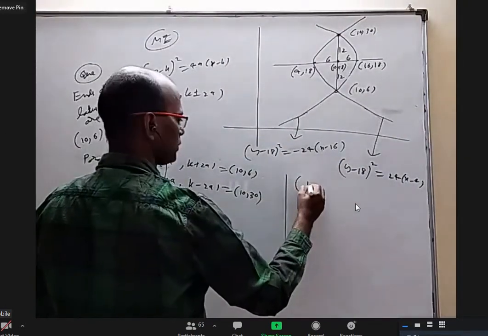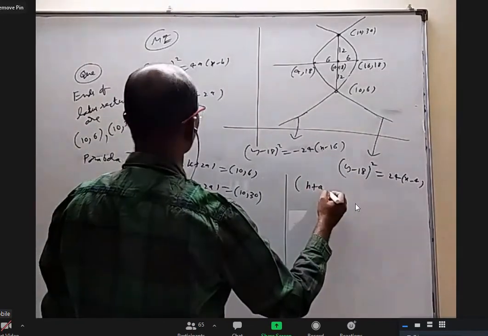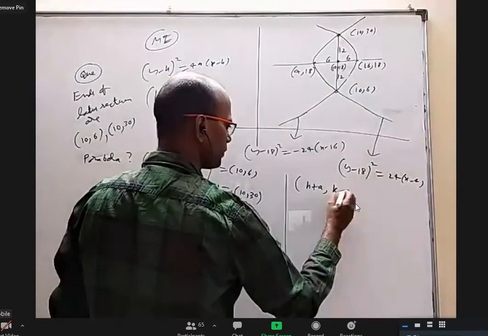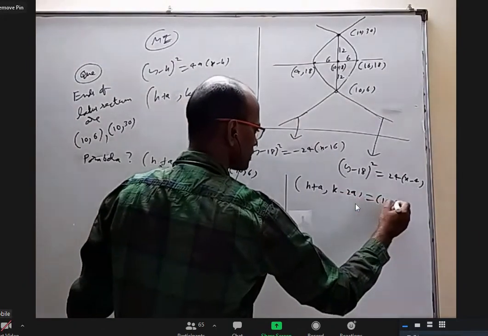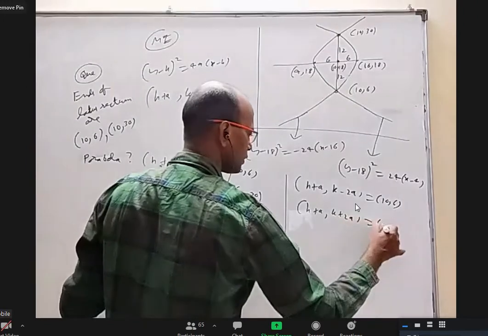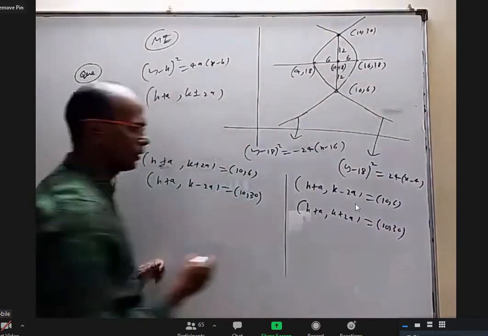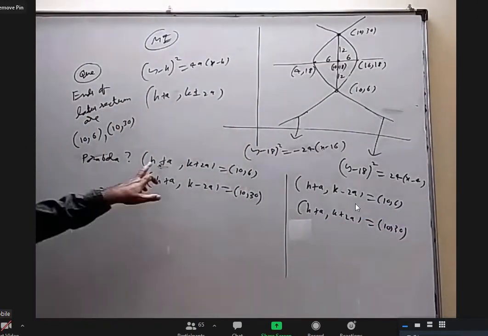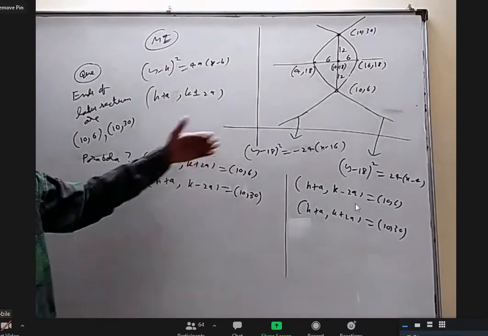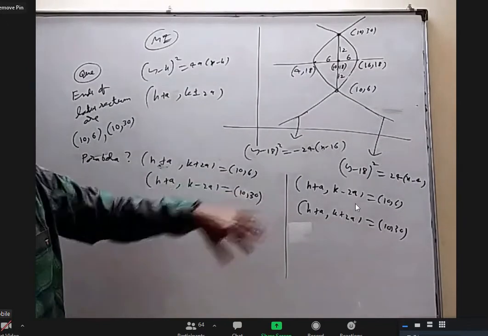And then h plus a comma k minus 2a is 10 comma 6, and h plus a comma k plus 2a is 10 comma 30. Okay, so we know the ends of the latus rectum are (h plus a, k plus 2a) and (h plus a, k minus 2a). Whichever one is 10 comma 6 and whichever is 10 comma 30, then change it. So that's the two cases.